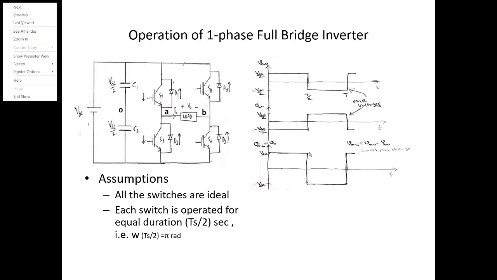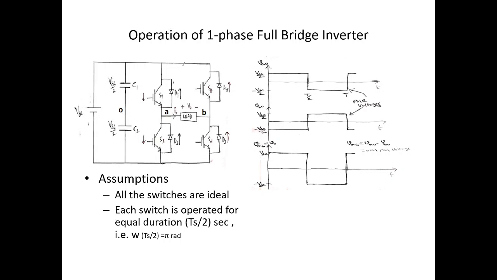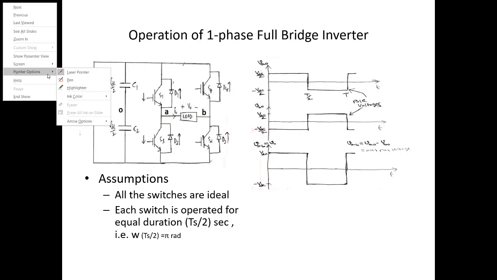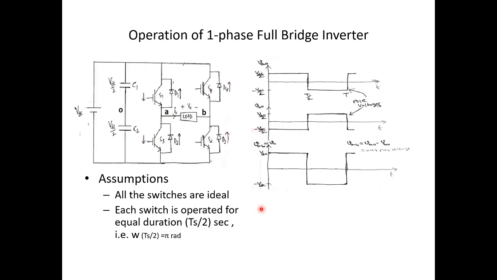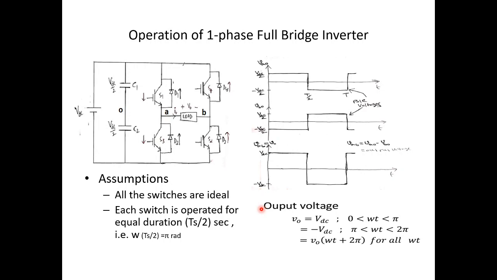So you can find out the voltage wave shape for one complete cycle. It is rectangular, right? You can see that the output voltage is rectangular as shown in the figure. The mathematical expression for the output voltage: V0 is equal to VDC for the first half cycle and minus VDC for the negative half cycle. And it is periodic, it repeats for every switching cycle.